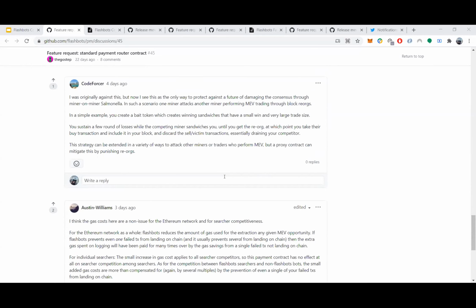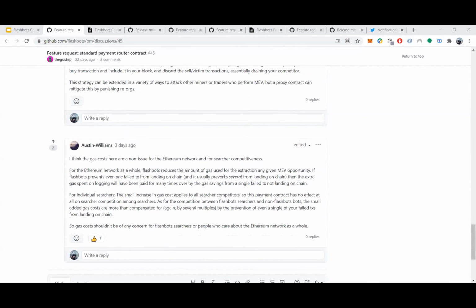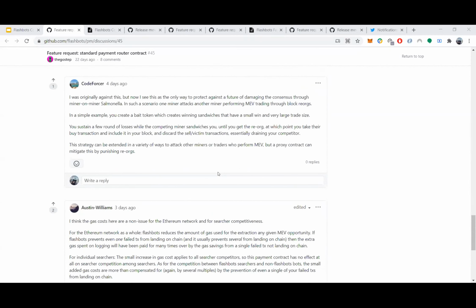is essentially start mining on an old part of the chain and start accumulating new blocks on that new chain. Potentially hiring or buying a bunch of hash rate on hash rate marketplaces, and creating a multiple block deep reorg of the chain to be able to capture this MEV opportunity and essentially steal it.